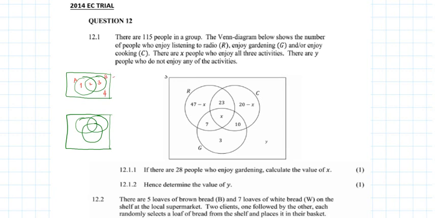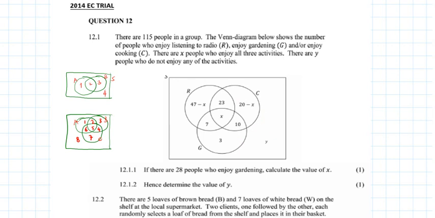But when there are 3 sets, A, B and C, how many sections do we have? There is 1, 2, 3, 4, 5, 6, 7, and the outside is 8. It was only 4 partitions when there are 2 sets, but with 3 sets there are 8 partitions. The one outside is y.